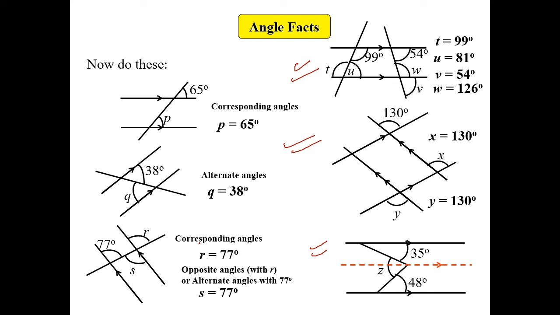I think I have the answer. You will have to make a line like this. Did you do it like this? Then it would be 48 plus 35, and the answer is 83 degrees. Your answer was also coming 83. But I did it another way.